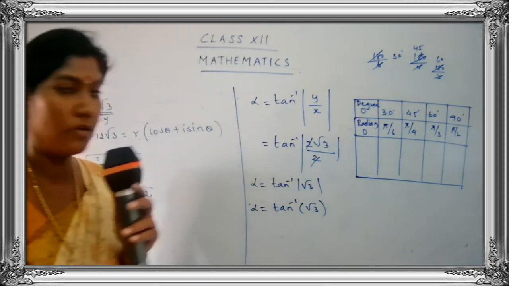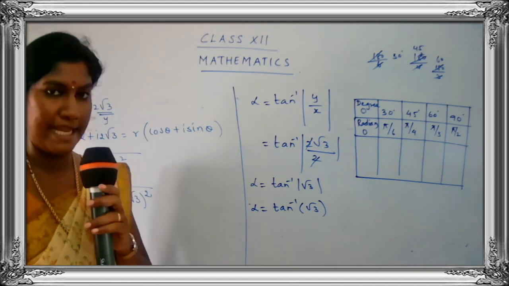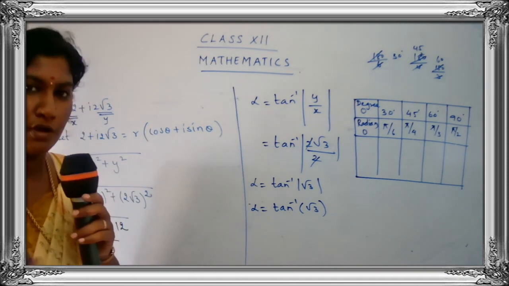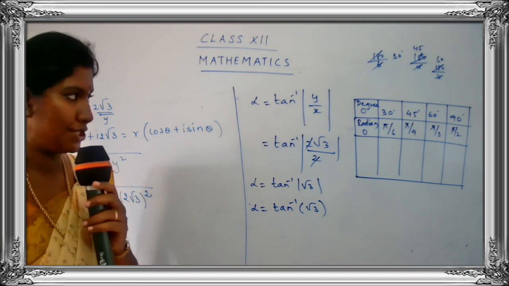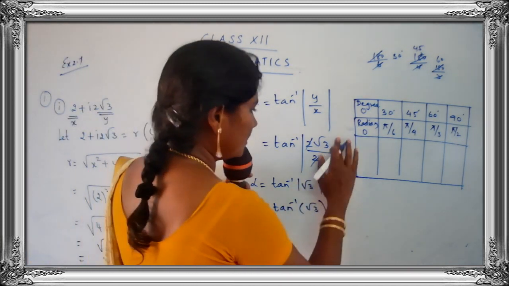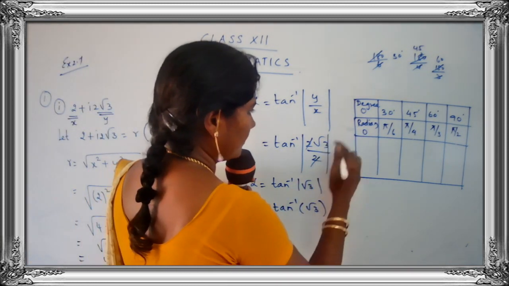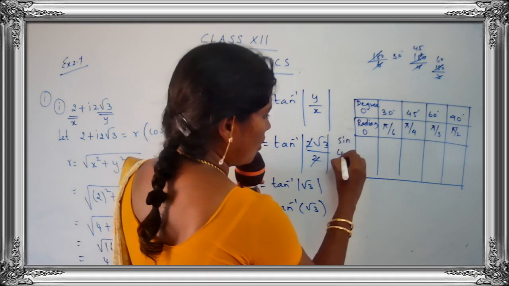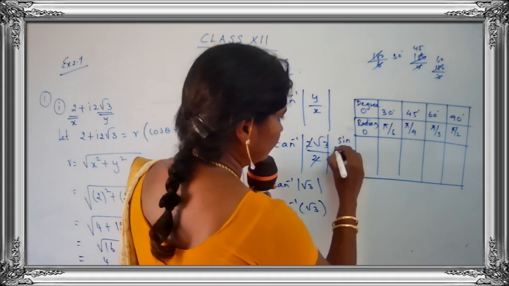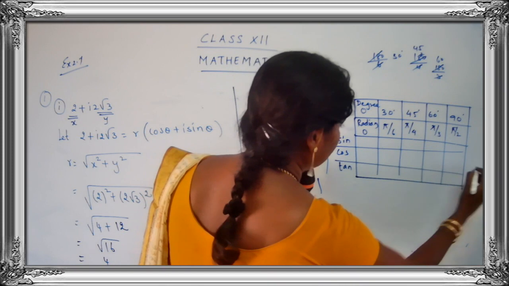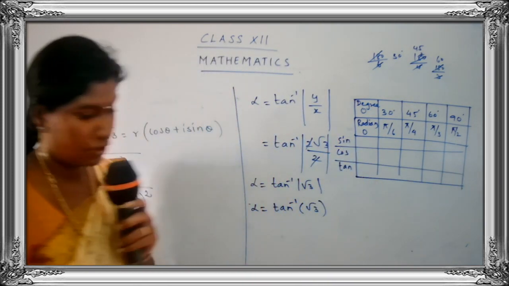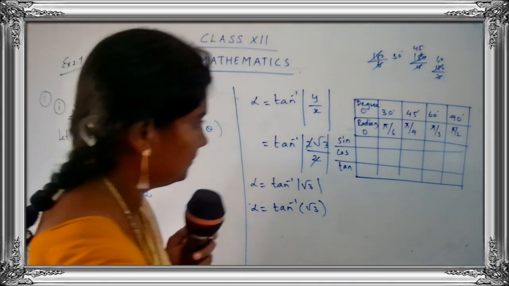So now we are going to write down some of the values. We are going to write down the value for sine, cos and tan, because we'll be mostly dealing with these three functions. Okay, children? So just put here sine, cos, tan.